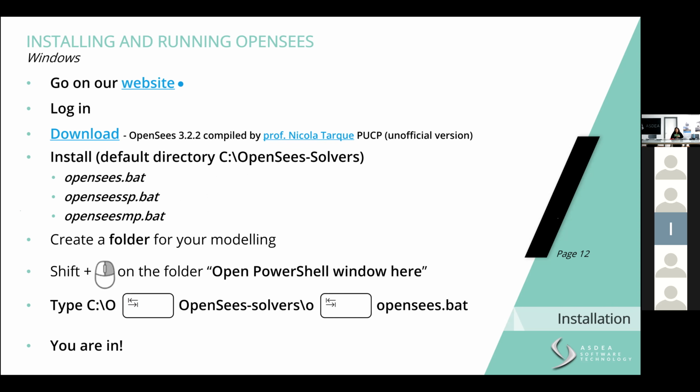Both ways will allow you to run your models on more than one processor, but running OpenSees single processor, you will have access only to the first processor. So your script will be run only on the first one, and there will be an automatic partitioning of your model inside the first processor, and that will redistribute your model on the others. This is very much used for large models.